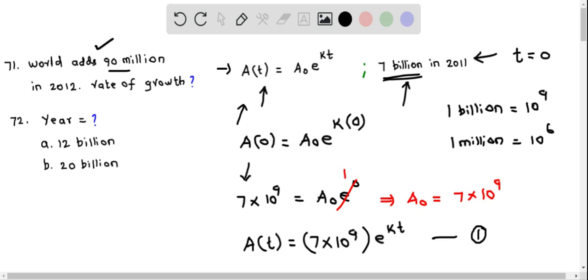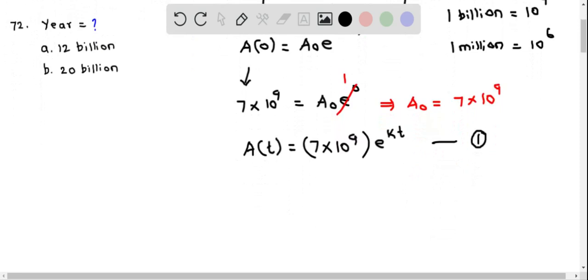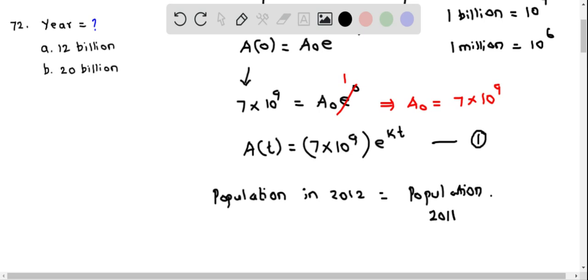And we utilize the other information, that is the world adds about 90 million in 2012. So let's determine the population in 2012. So population in year 2012 equals population in year 2011 plus the additional population which is added in year 2012.